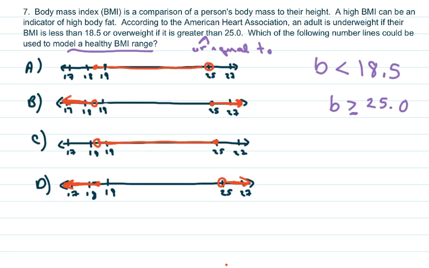So basically we're looking for healthy, so we don't want to do B, and definitely not D. We want the range that's in between here. So the answer is A.